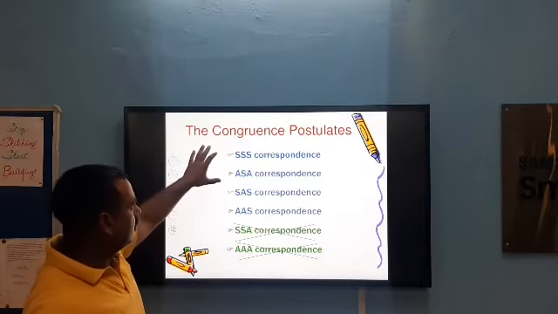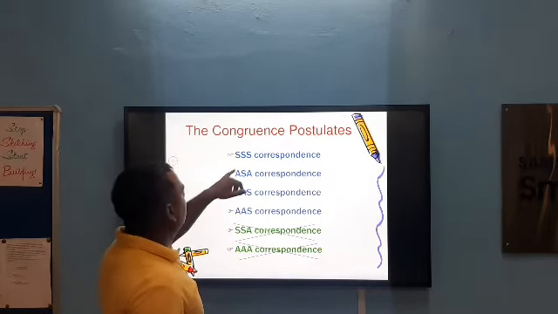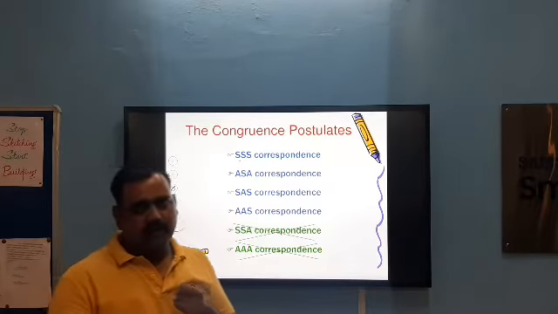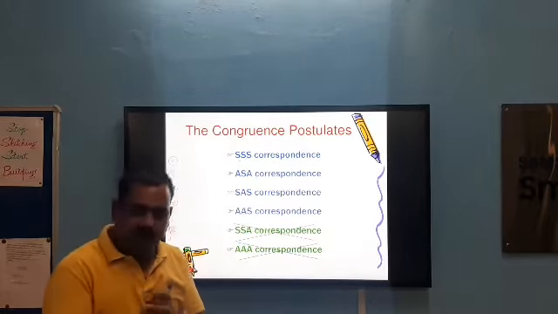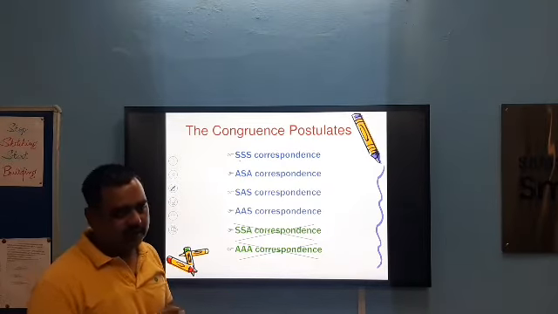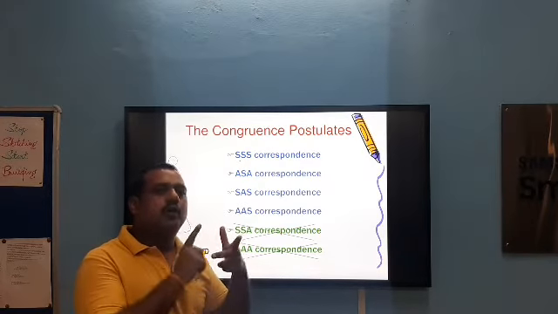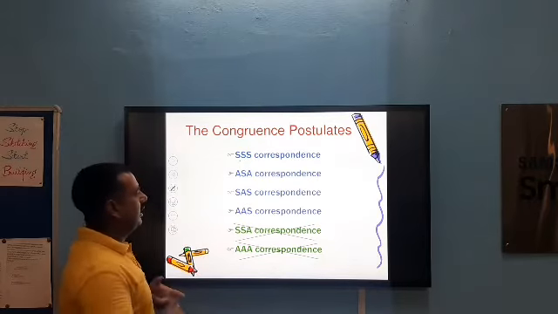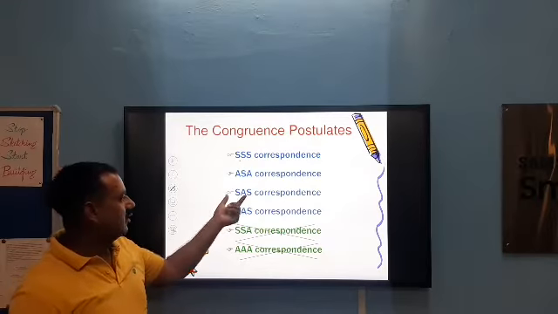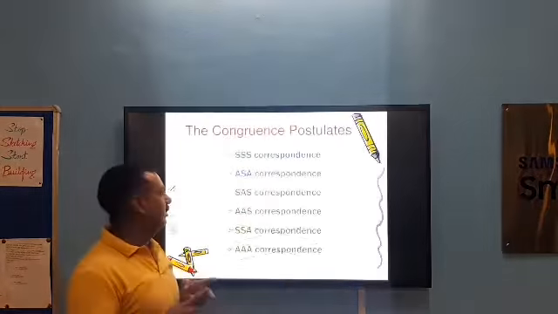Now let us summarize the congruency postulates which we learned. We learned the SSS congruency criteria, in which all three sides of the triangles are equal. ASA congruency criteria, in which two angles are equal and the included side must be equal. SAS correspondence, in which two sides are equal and the included angle must be equal.